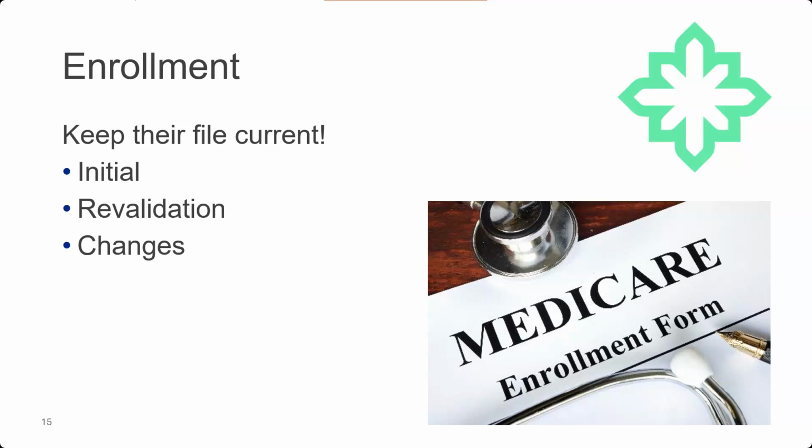One of the other questions that I did get as I'm talking about enrollment relates to changes. Are there changes that must be completed faster? I'm not sure what you mean by that, but let me just give you a few examples. Most changes do have to be completed within 90 days. However, a change of ownership for an organization, you only have 30 days to do that.